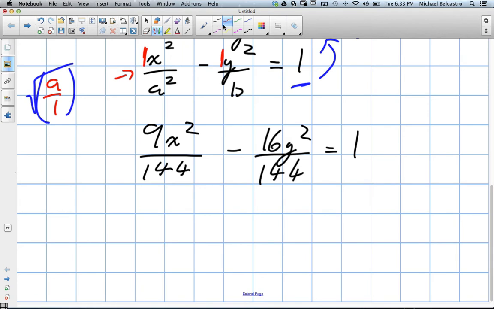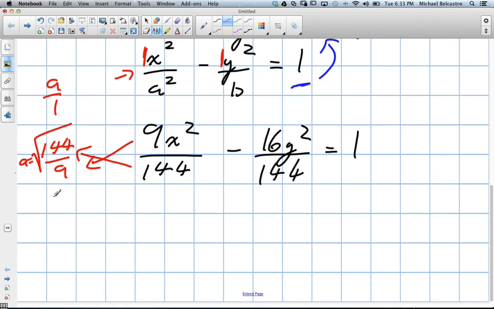So in this case, our a, like we've done before, it gets put to the top value, 144, and the 9 becomes the denominator of our a value. And the a value is the root of all of this. Okay, so our a will become 12 over 3, which is a very nice value of 4. Much nicer. In fact, we can rewrite this equation if we like in this manner, so it's a little simpler for us to look at.